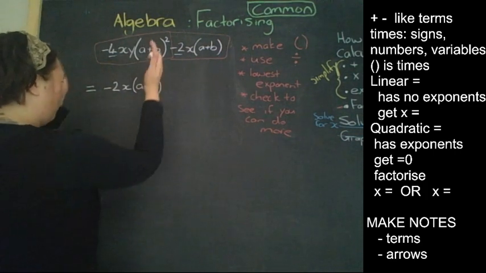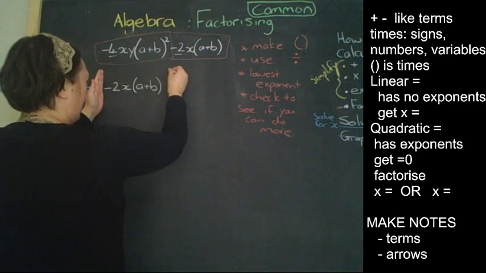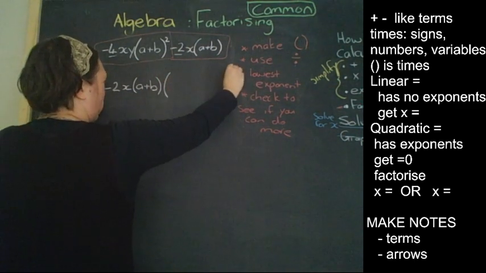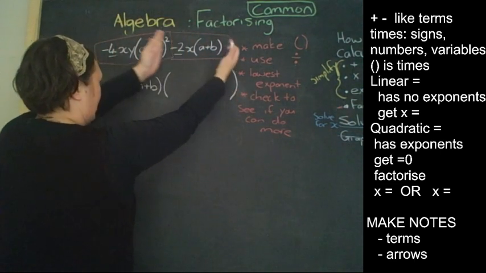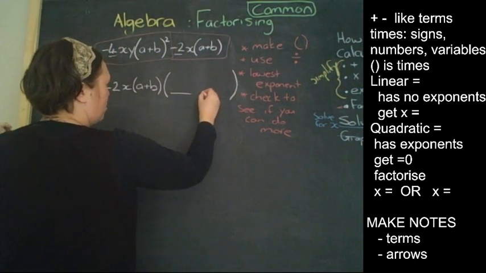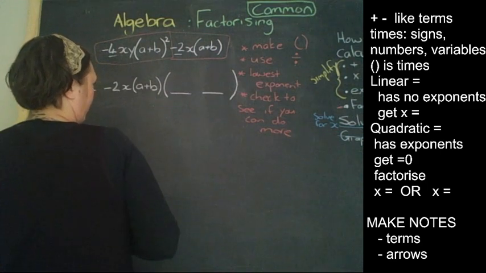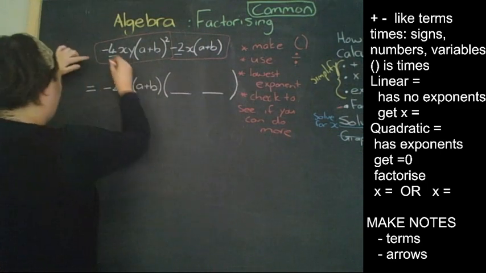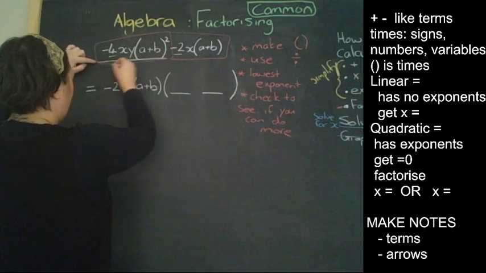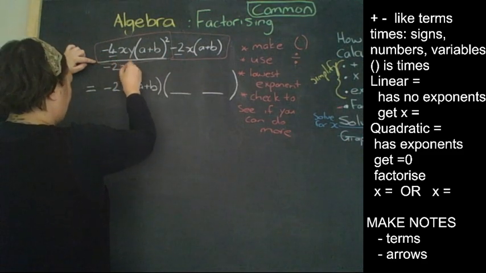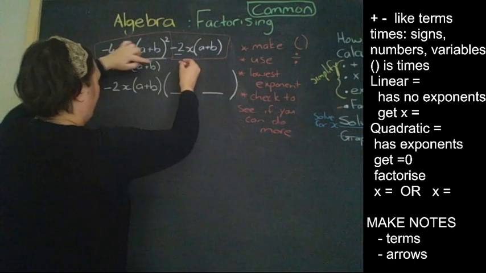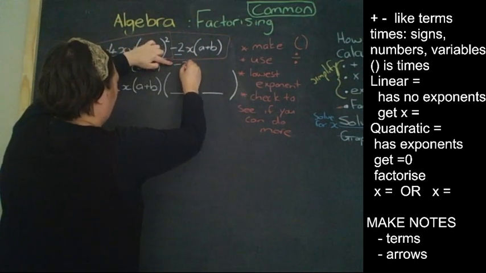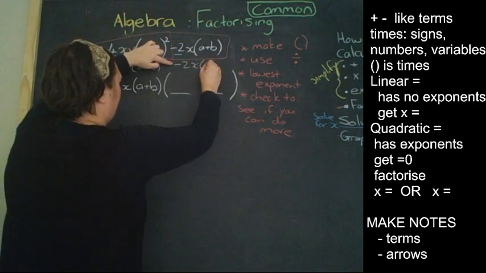What do we have to do? We took out our common factor, and in brackets we write down what is left. There's 2 terms here, so there's 2 terms in our bracket. Okay, then we divide by our common factor to see what we've got left, and we do it on both sides.